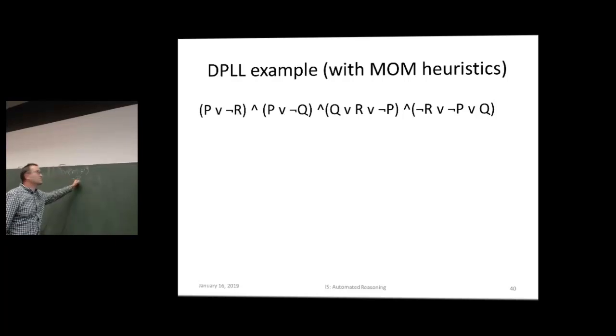So if we choose not P, then the first clause, P or not R, reduces to not R because P is false. So this formula can only be true if R is false. And the second clause, P or not Q, reduces to not Q because P is false.